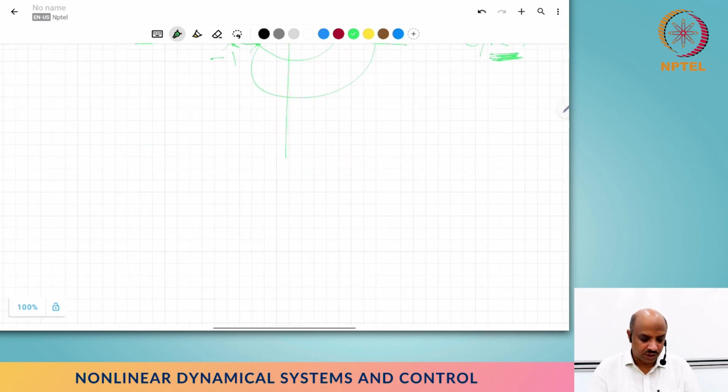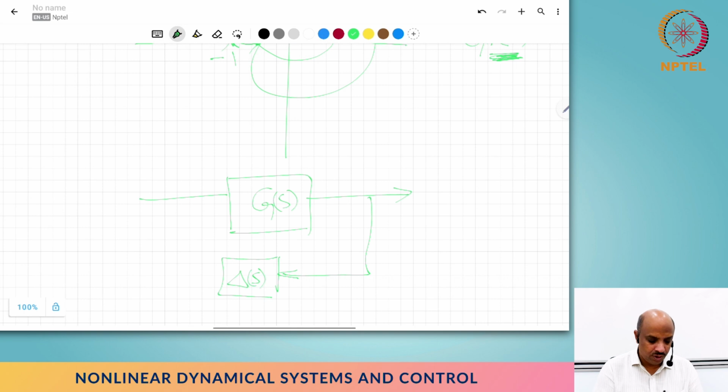where is this -1 coming from? Basically, I'm going to replace this K(s) by, let's say, delta(s), representing something uncertain there. Okay.